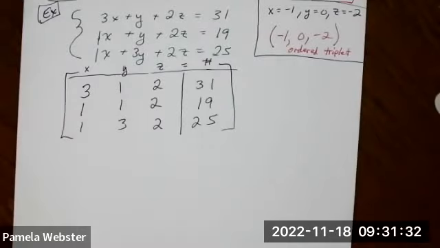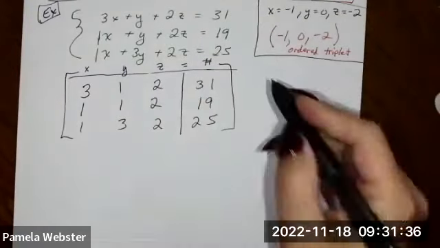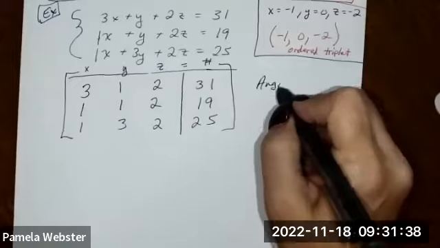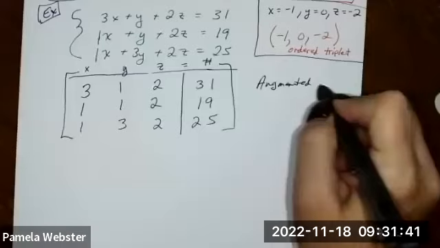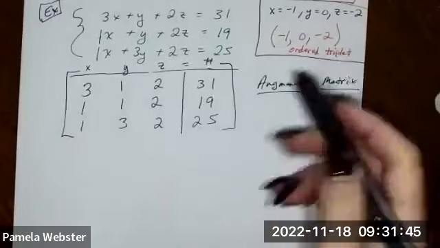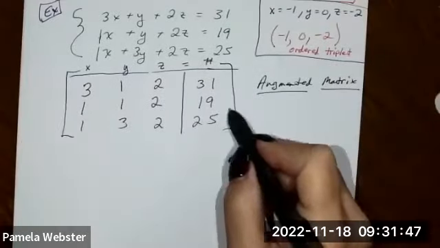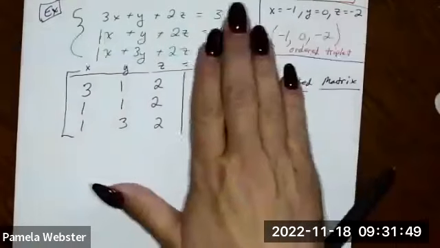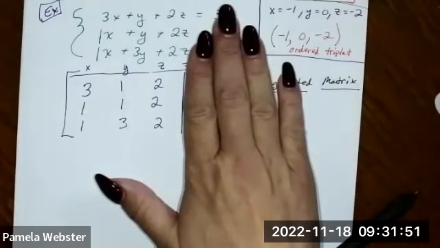In your book or in your homework, you might hear it called an augmented matrix. If you hear that word, I don't want you to freak out because I haven't used it. Augmented matrix just means it has the answer part with it. This would be a regular old matrix where I'm just dealing with the x, the y, and the z.